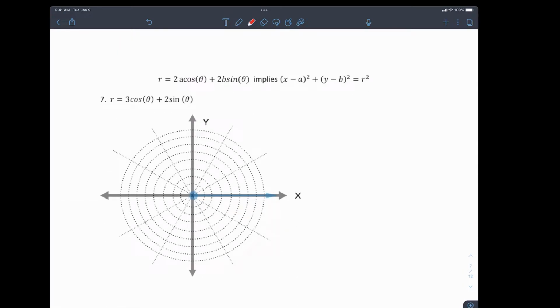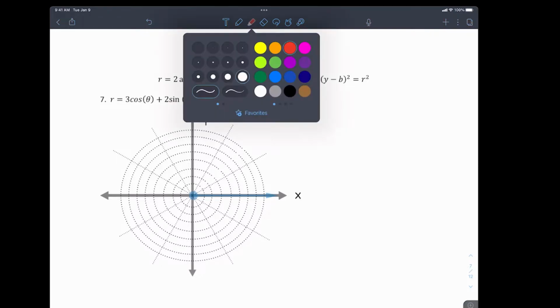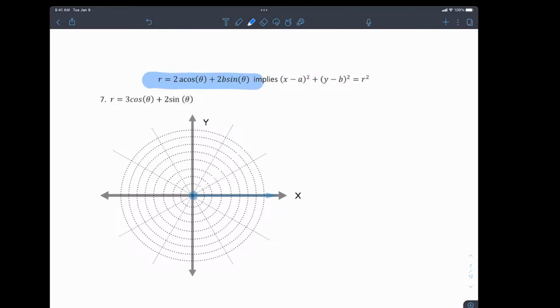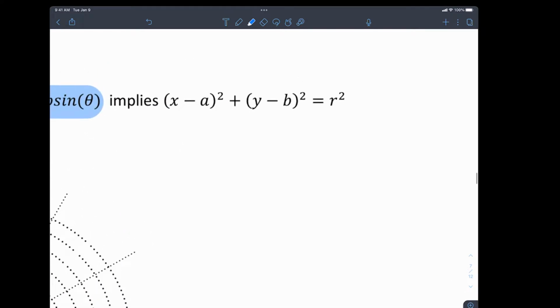And if you're really interested, notice how I did this. Here's another equation of a circle. And that's where you have an arbitrary center.